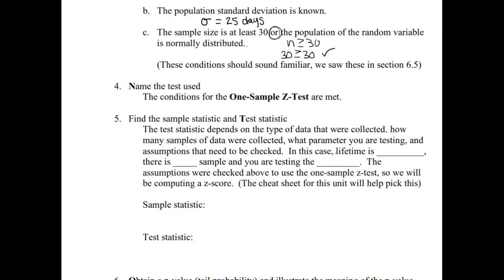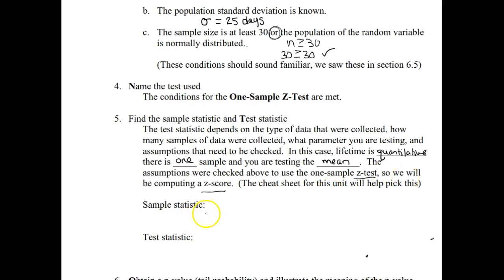In this case, lifetime is quantitative, and we took just one sample of 30 batteries, and we are testing the mean. So the assumptions were checked above to use the one sample z-test. A z-test uses a z-score. Again, the cheat sheet for this unit will help you pick this. All of that information would be on there.